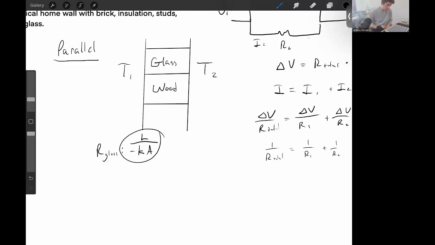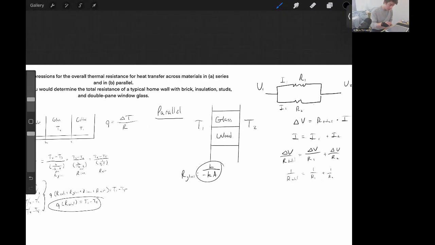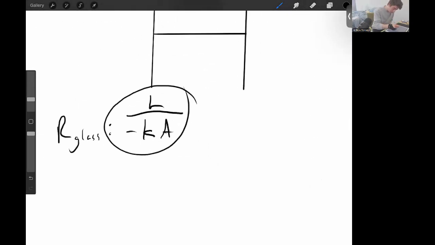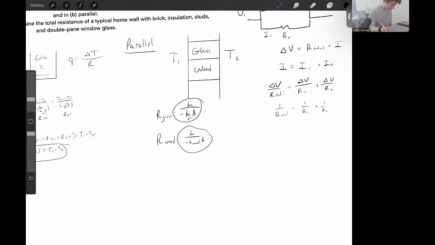We found this expression when we were deriving an expression for thermal resistance. So we know that the resistance for the glass is going to look something like this, and this is going to be the thermal conductivity for glass. And then here we have the resistance of wood, which is the length over the negative thermal conductivity of wood times the area. So these are our resistances.